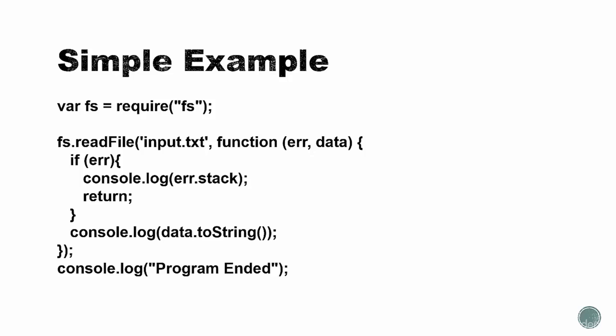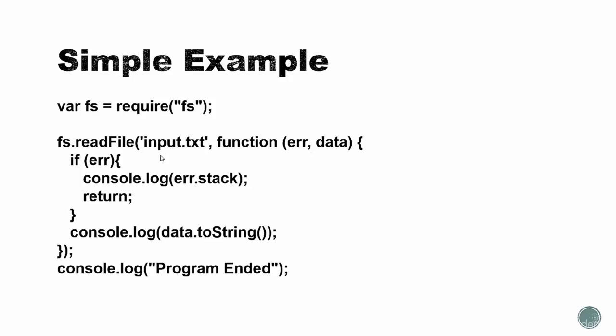So we're requiring that, we're putting it into a variable, and then on this line, we're taking that object and we're running the readFile function or method, which does just that. It's going to read a file. So it takes in the name of the file, input.txt in this case, and then it has a callback function. This callback function gives us an error object to work with and the actual data.